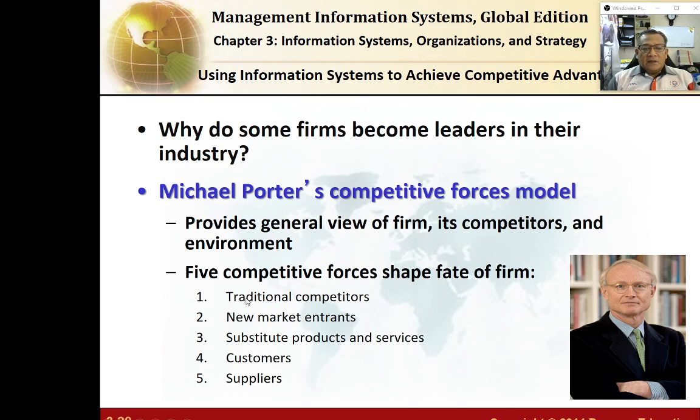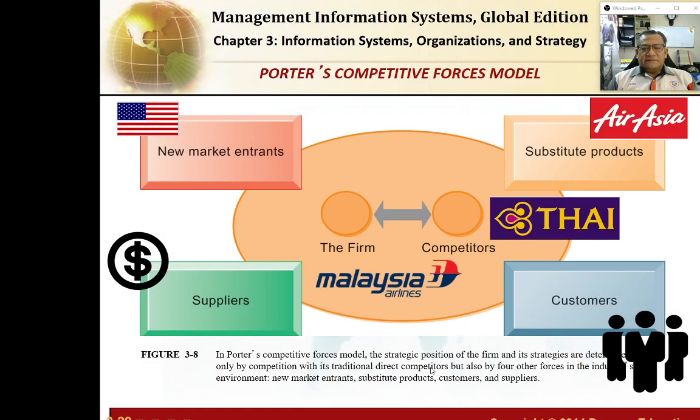One, the company's traditional competitors. Second, new market entrants. Third, the substitute products and services produced by the company. Fourth, customers, and fifth, suppliers. How do these five forces compete among each other within the firm, in the perspective of IT?